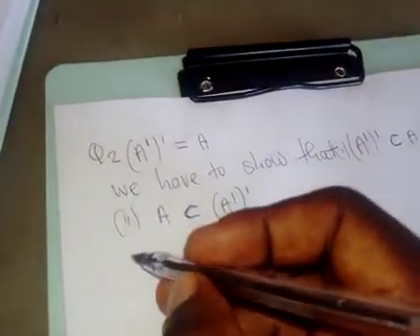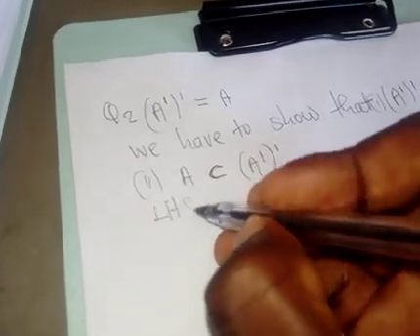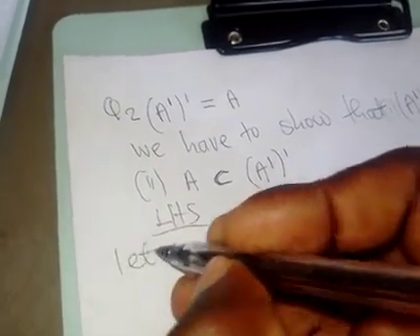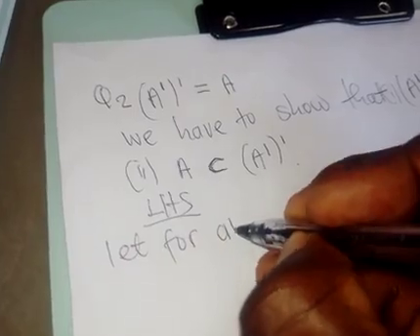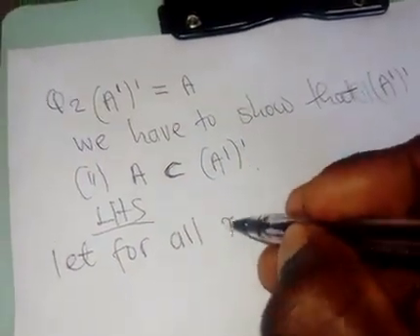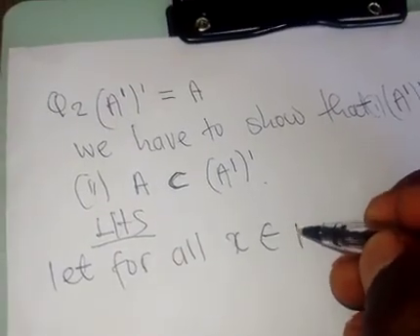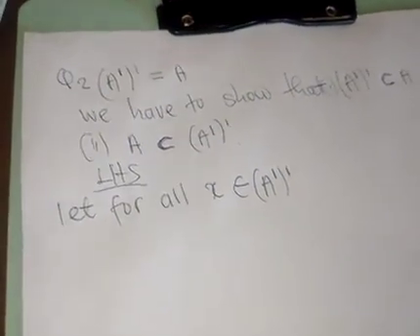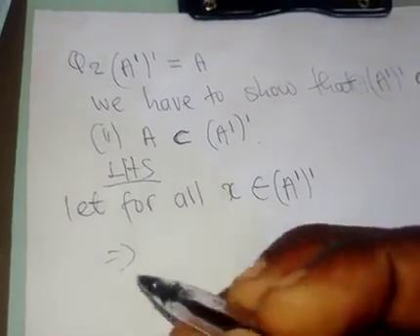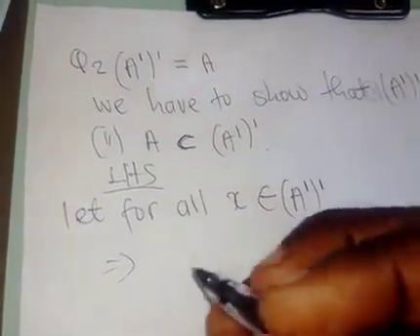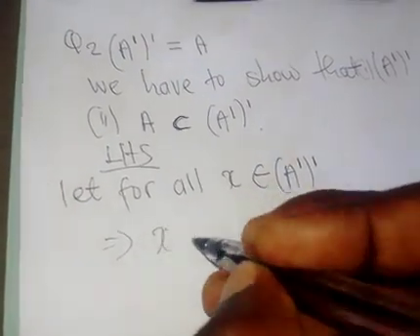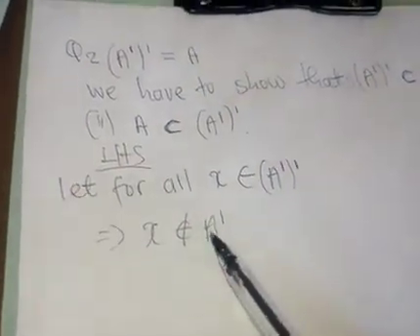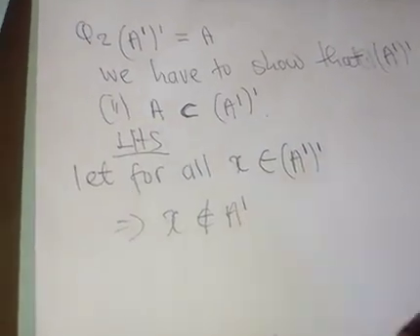Okay, then we start now. Left hand side. From the left hand side, you do the same. Let all x's be members of (A complement) complement. That's the first thing. Then this will imply that if x is a member of (A complement) complement, meaning x is not a member of A complement.